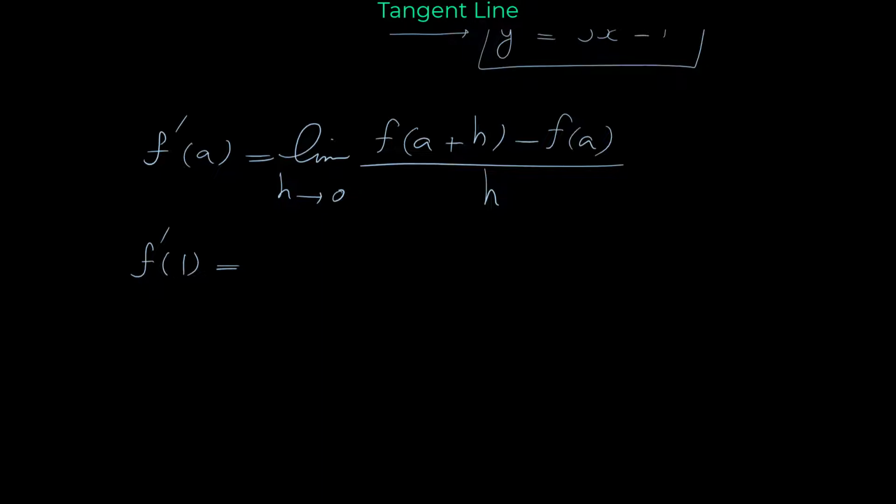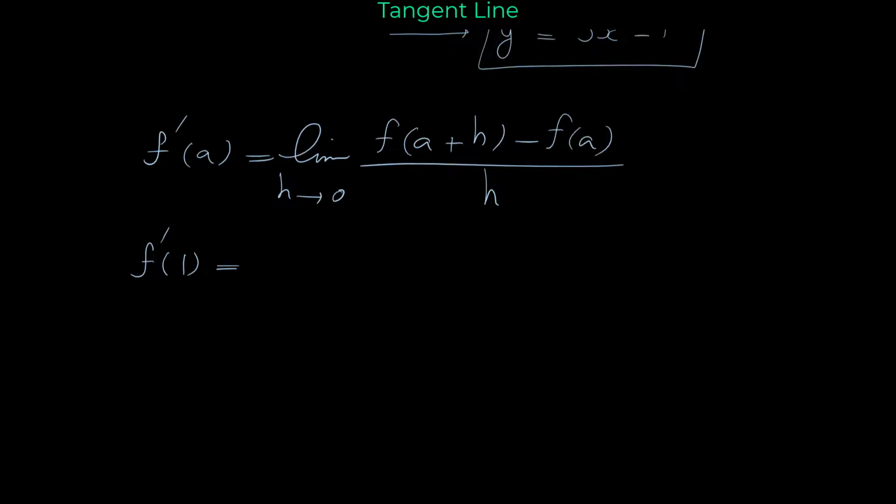We want to find a slope of tangent line. Attention, f prime is derivative. And one of the interpretations for derivative of a function is the slope of tangent line. So you can think f prime as a slope of tangent line. We want the slope of tangent line at the point or at the number 1. So this is how we can consider this notation.